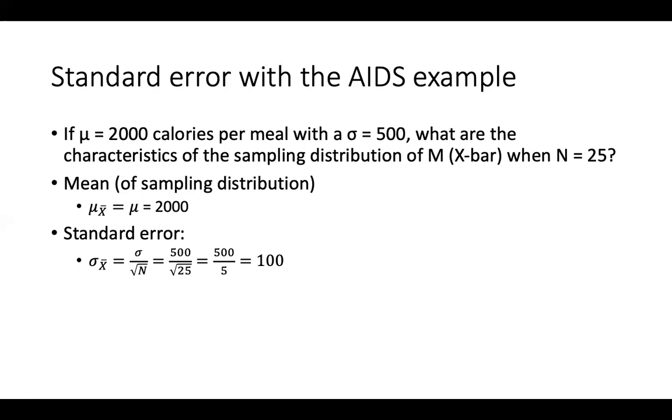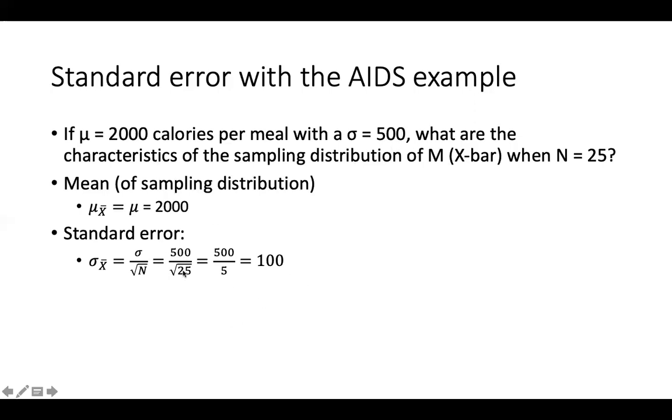Right? So basically this says that when we take a sample of 25 people, the sample mean, the average amount of calories consumed within that sample, the most likely value for it would be 2,000, and then we would expect it to fluctuate on the order of about 100 calories, rather than when we take a single person and look at their number of calories, we should expect a fluctuation of about 500 calories from person to person.